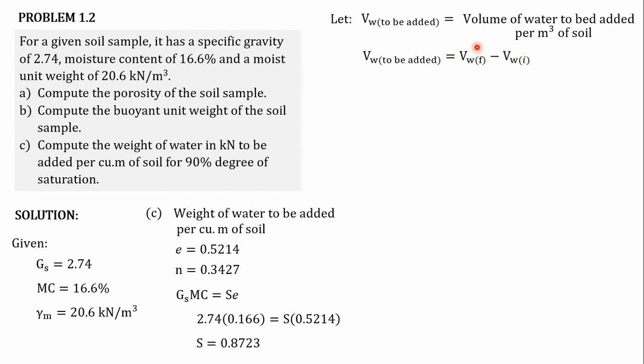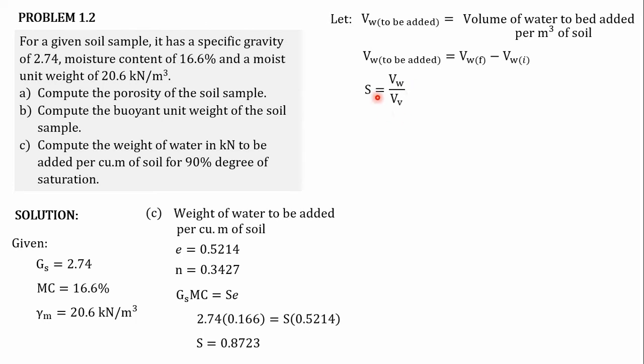So, kung masolve natin yung volume ng water at 90% degree of saturation, and then the volume of water initial means the volume of water at 87.23% degree of saturation. Okay? Kung isa-subtract natin yan, no? Yan yung volume of water to be added niya. Okay? Gets niyo? Okay, so ito yon.